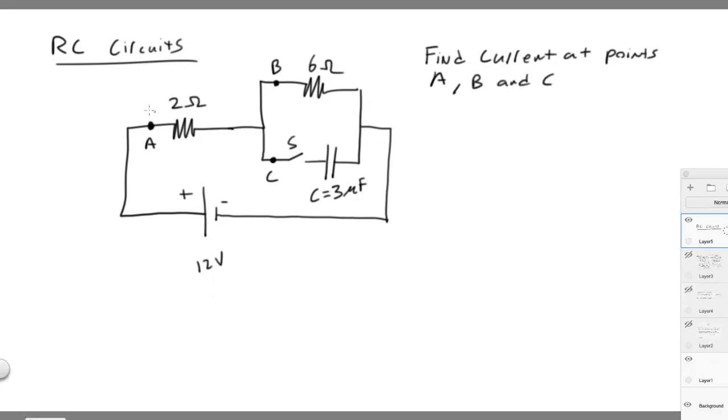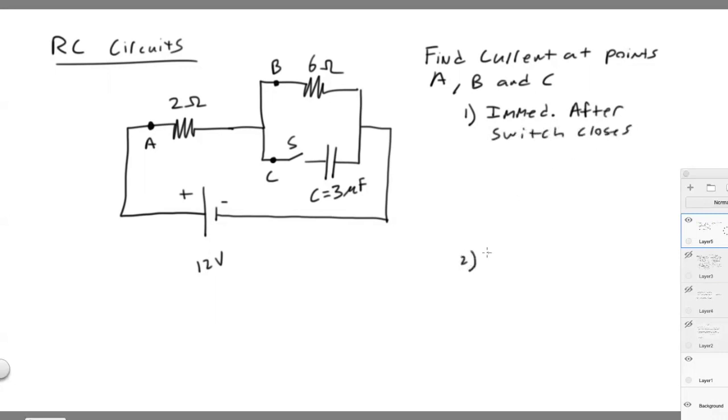What's the current here, which is basically the current going into that 2 ohm resistor? What's the current here going into the 6 ohm resistor? And then what's the current down here where the switch is located, the current flowing into that switch? So the current at points A, B, and C, first, we're going to do this immediately after the switch closes.